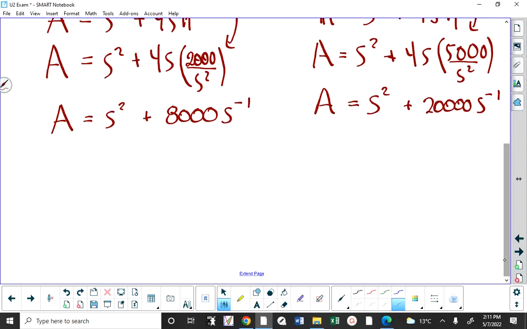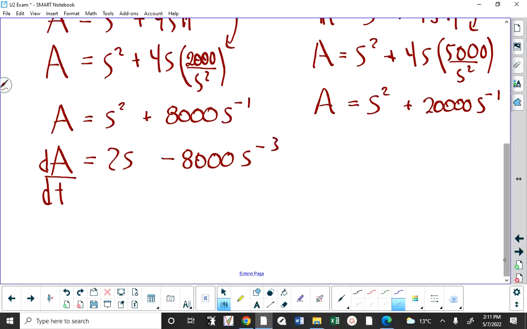You're almost to the point where you can get an answer to the question. Let's differentiate now. If you're doing version 1, this is dA/ds. You'll have dA/ds equals 2s minus 8,000 s to the negative 3. Pardon me, s to the negative 2.